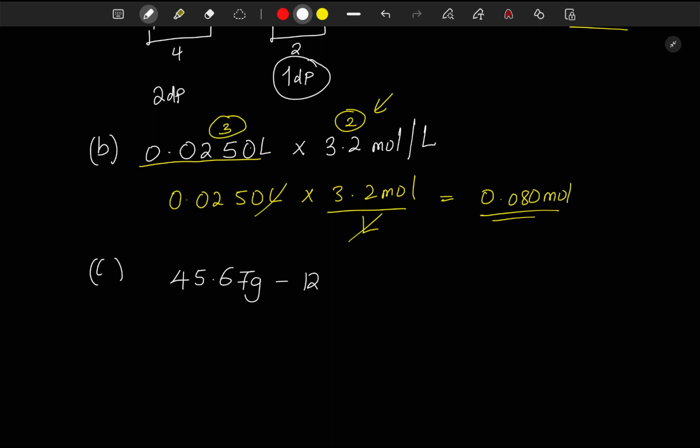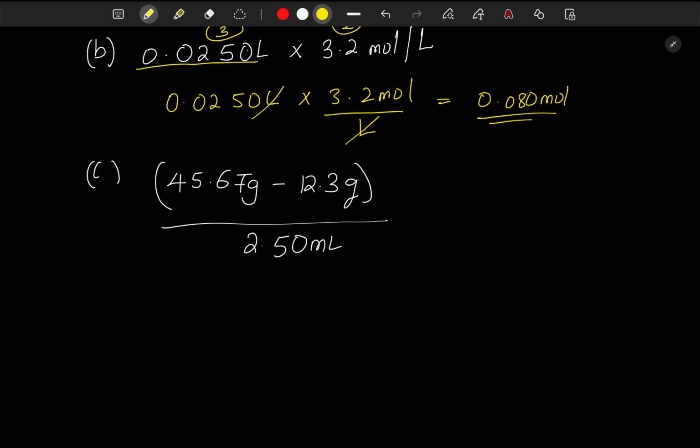5.67 grams minus 12.3 grams divided by 2.50 mils. Let us work out this one. So we subtract first. This gives us 33.37, right? You can confirm with me.